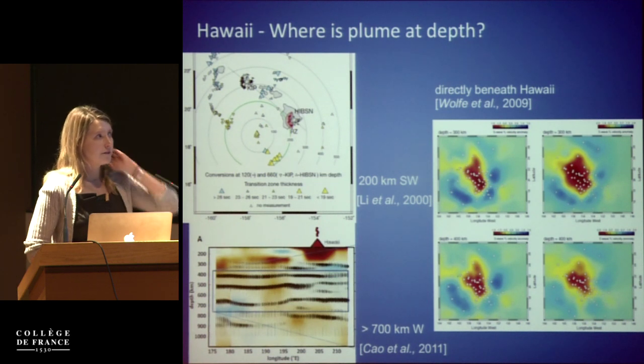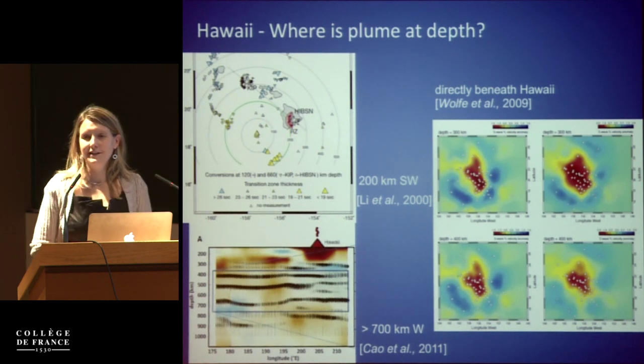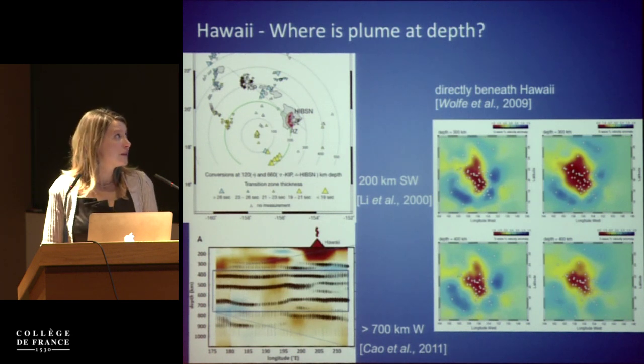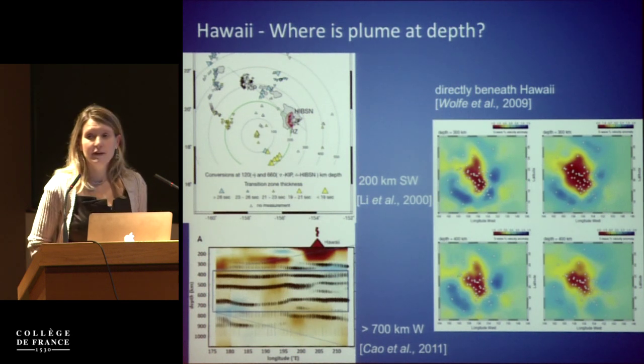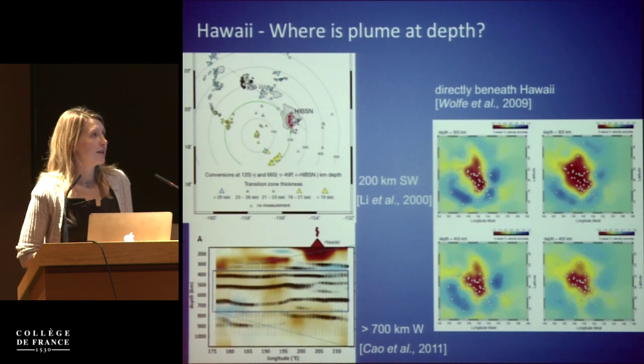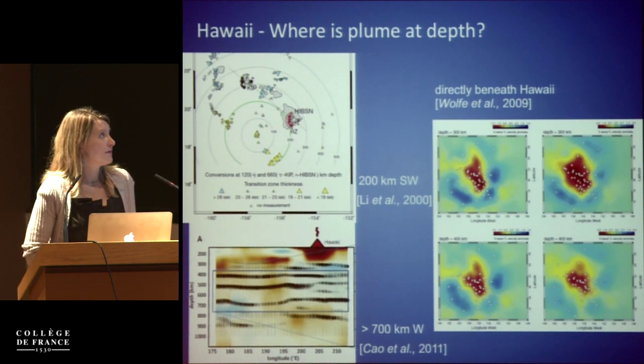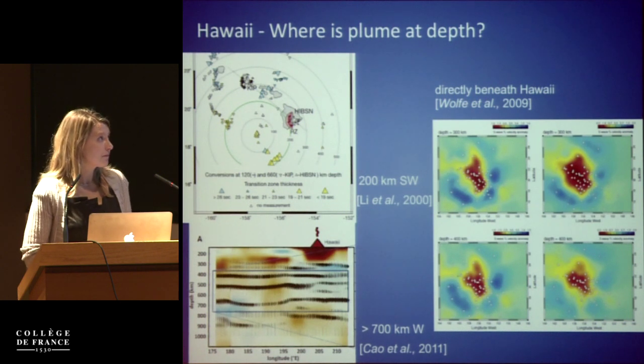And so the other thing is that it was really shocking to find this plume at about 100 kilometers west of Hawaii. And so what does this mean about where the plume actually is in depth? And to look at this a little more, I'll talk about some other constraints. It's been suggested that the plume is approximately 200 kilometers southwest of Hawaii based on receiver function results from the transition zone.